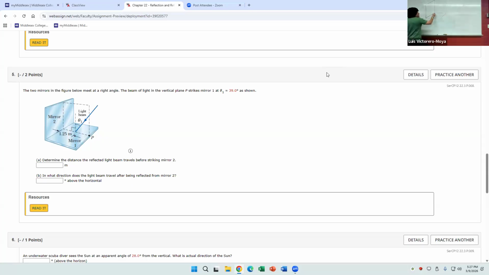Reminds me when I used to do geometry. Ángulo diedro in Spanish. Anyway, so you have this. There. And you have the normal. You have a beam of light.